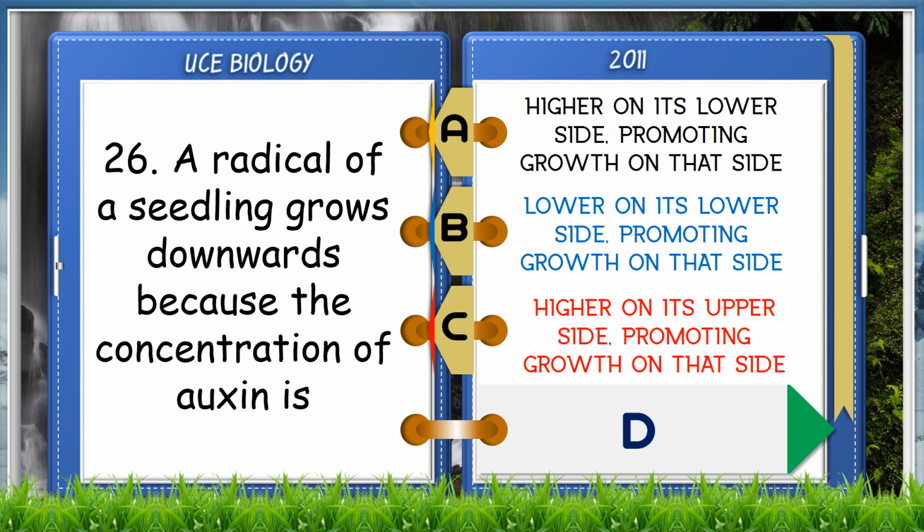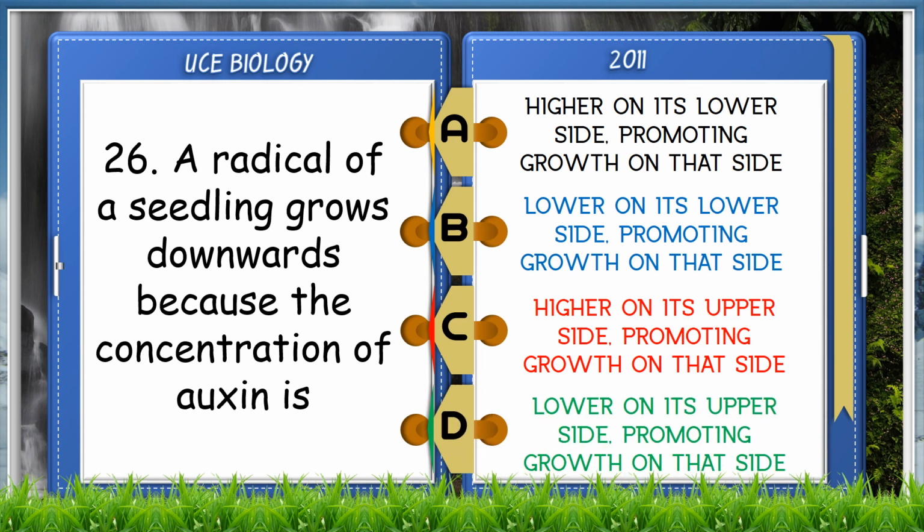C. Higher on its upper side, promoting growth on that side. D. Lower on its upper side, promoting growth on that side. The answer is D. Lower on its upper side, promoting growth on that side.